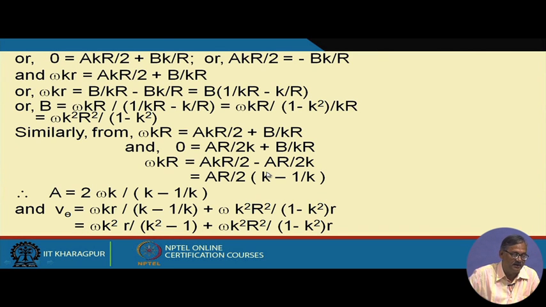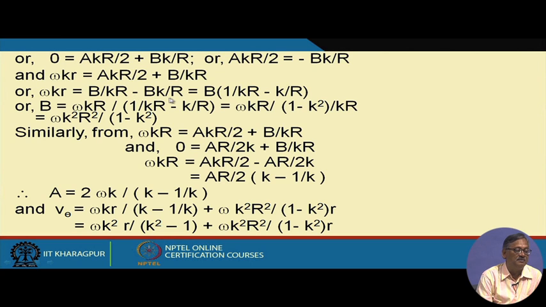So, akR by 2 is equal to minus bk by R, and omega kR is equal to akR by 2 plus b by kR.